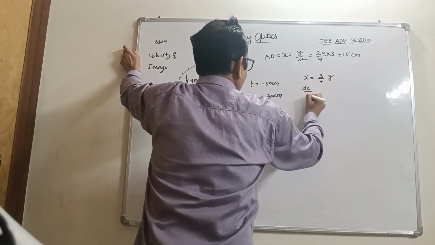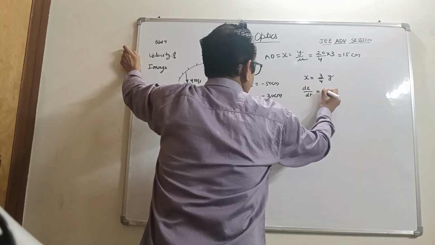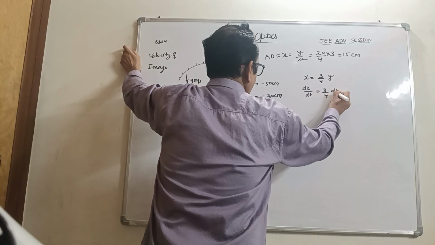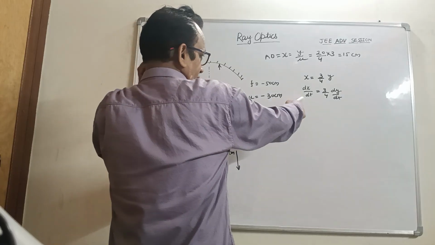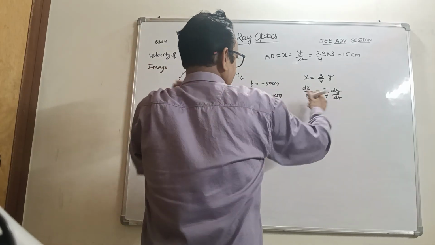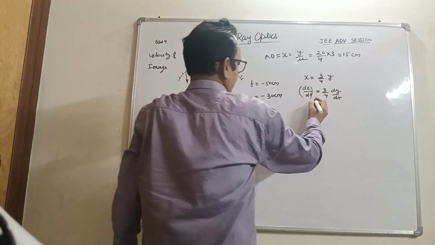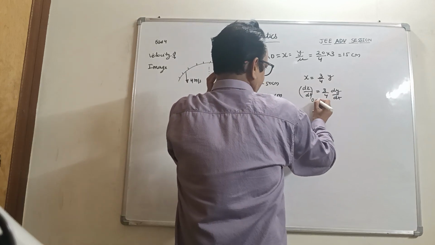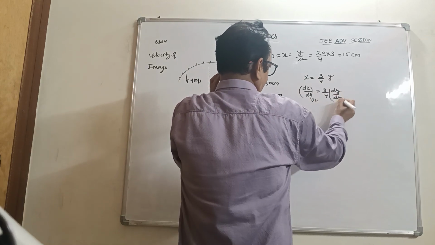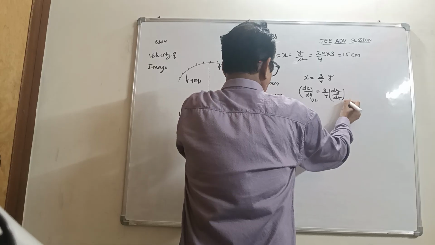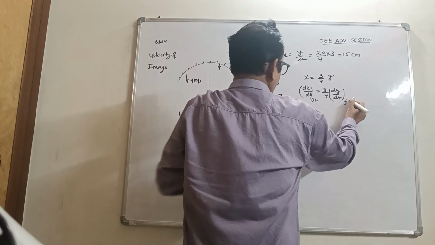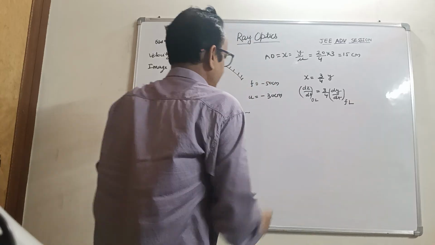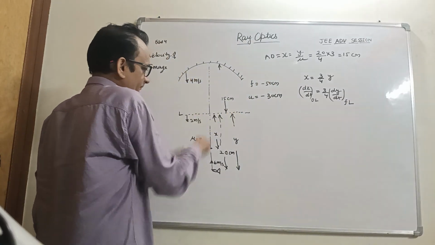Differentiate with respect to time. 3/4 dy over dt. This is the velocity of object, the velocity of image. Velocity of fish with respect to the water level.